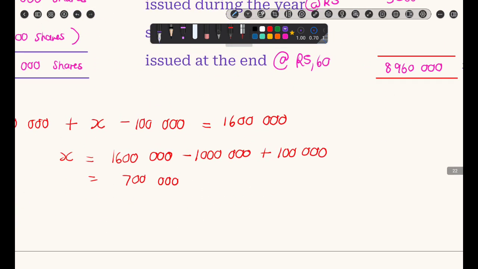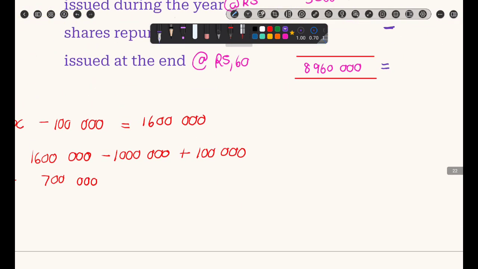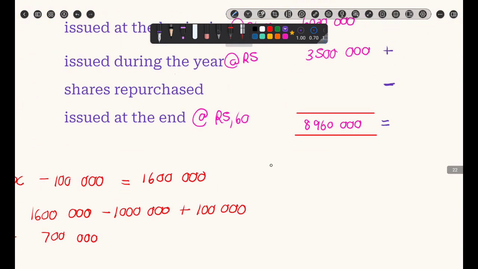So now, to figure out my buyback amount, I'm going to take the 1,600,000 plus my 3,500,000 minus my buyback, which I don't know, which is X, should give me 8,960,000, which is my balance at the end.